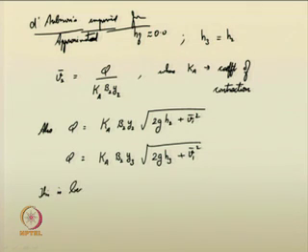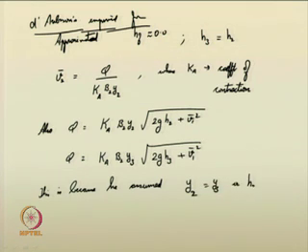This is because he assumed y 2 is equal to y 3 or h 3 is equal to h 2. That is the reason why you can write the discharge at both the sections in this form.